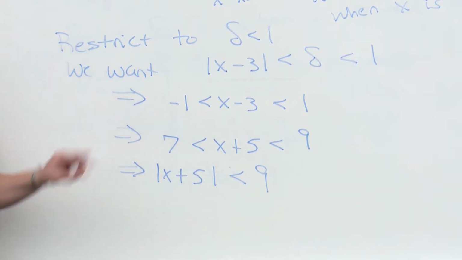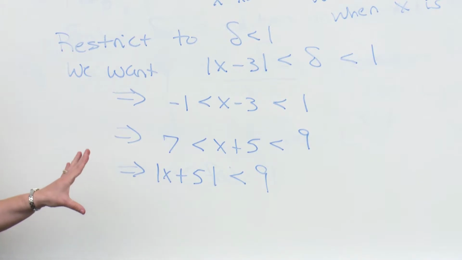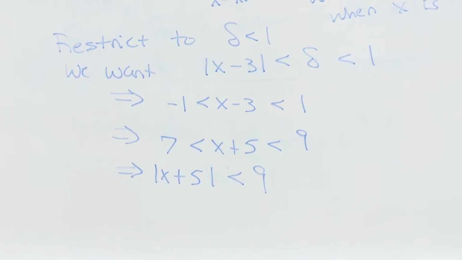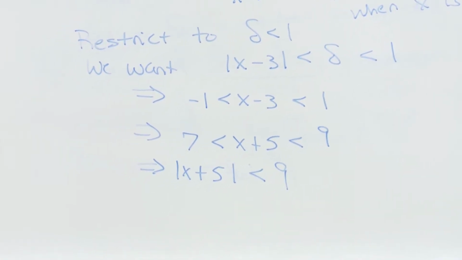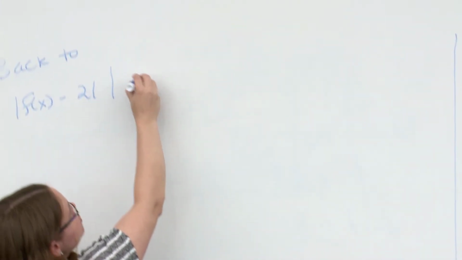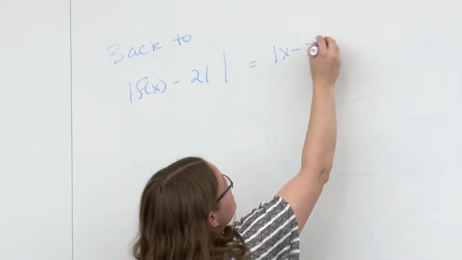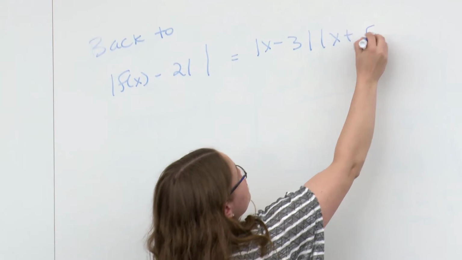Okay, so this is a little interlude in our simplification step. Now I'm going back to the thing that I want. The thing that I want is to control |f of x minus 21|. I need to make this less than epsilon. So let's go back to f of x minus 21, which we said was equal to |x minus 3| times |x plus 5|.